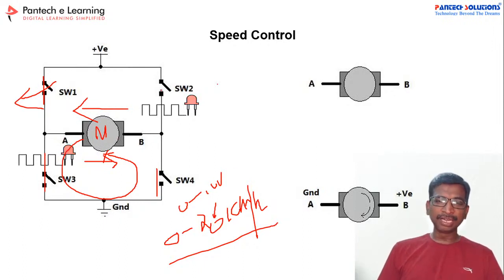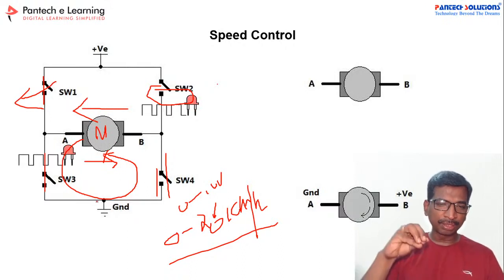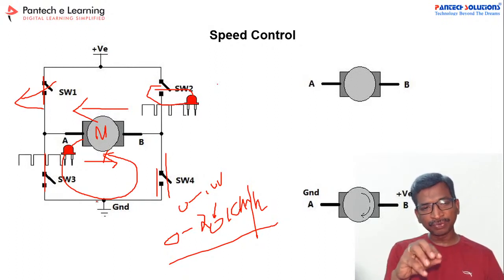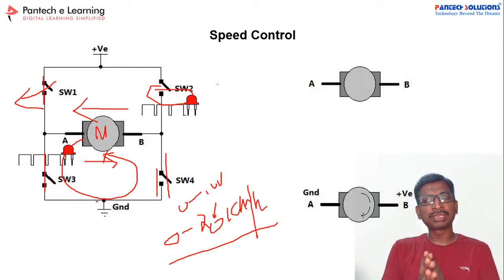Again, similarly for the reverse direction, you have to remove the gate pulse from switch 2 and then enable switch 4, and in that case the back EMF available on the motor will be dissipated. When you allow the back EMF to dissipate within this loop itself, the motor comes to zero speed in a very quick manner.